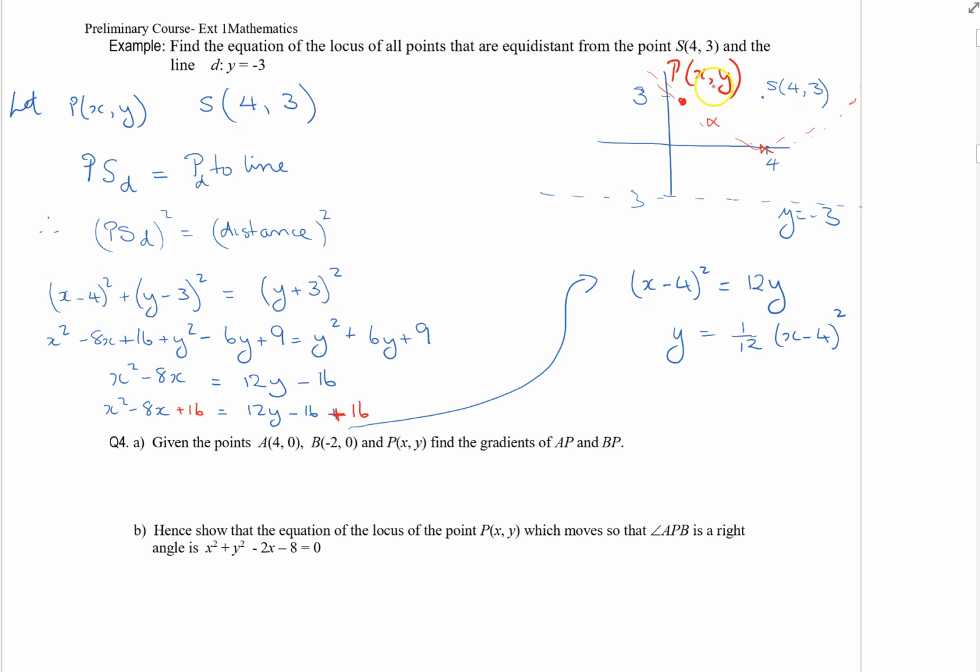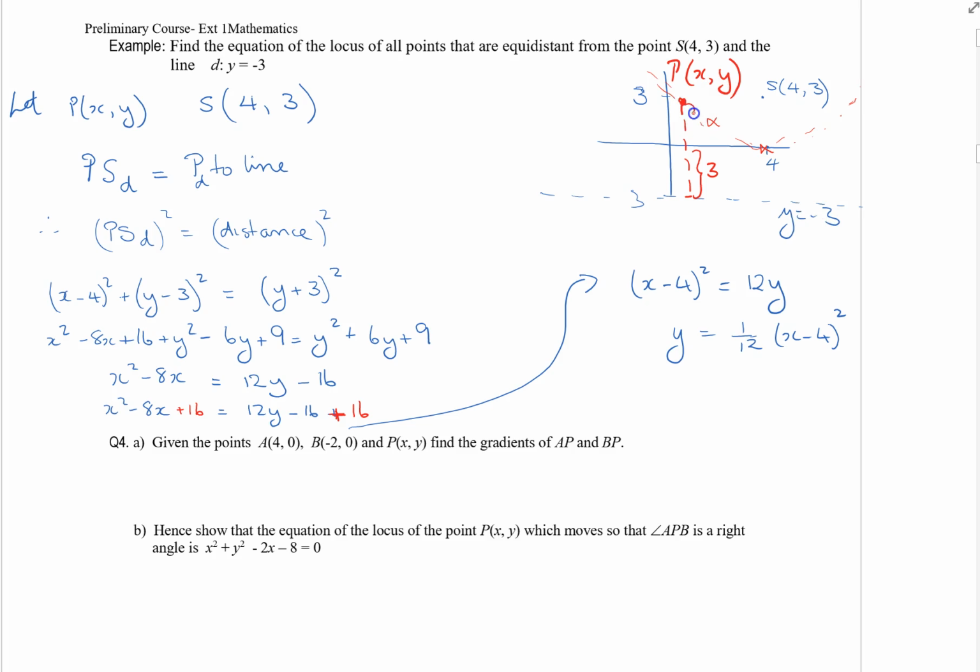If you think about my point P, the distance from P to the line obviously is this distance. Now, what we know is that much is 3 units, because we were told the line existed at y equals minus 3.